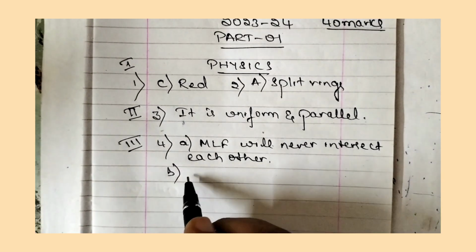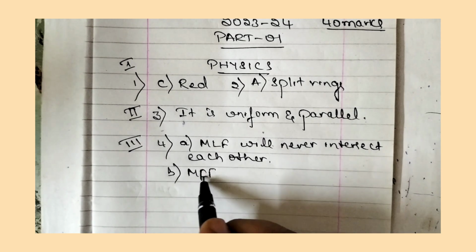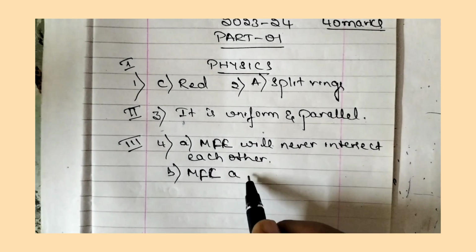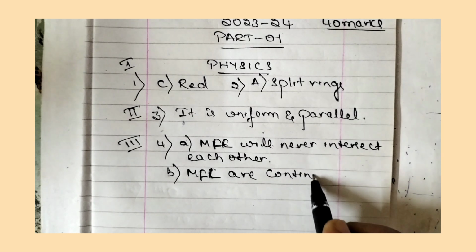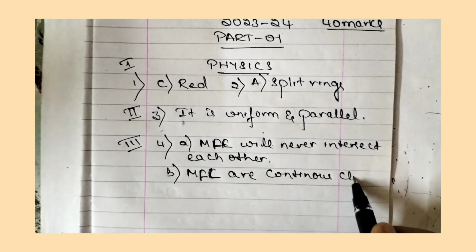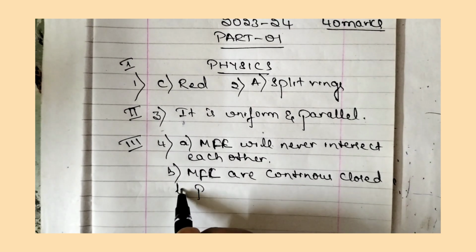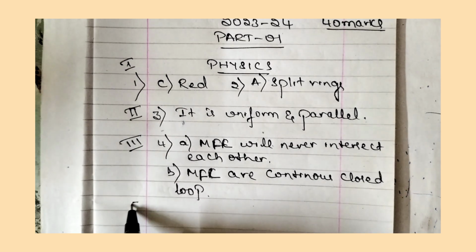And the second characteristic is that magnetic field lines are continuous closed loops. So these are the two characteristics.